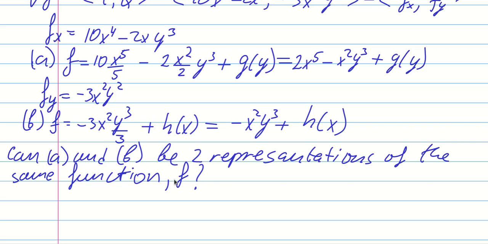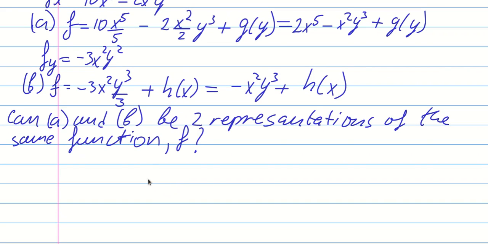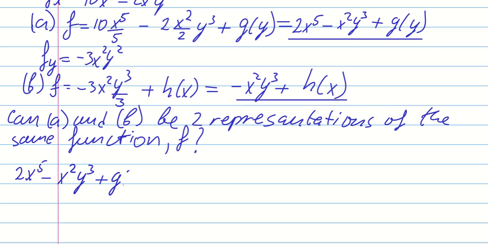That's our question. So what does it mean for us? That means this should be equal to this. So let's write it out. 2x to the 5 minus x squared y cubed plus g of y has to be equal to negative x squared y cubed plus h of x.